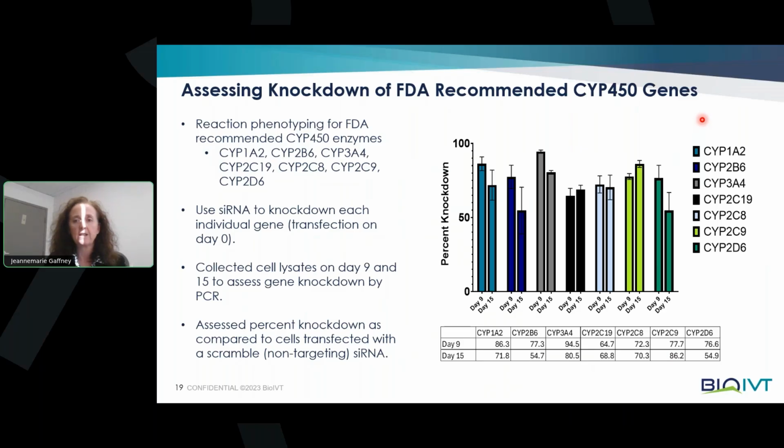We then collected cell lysates on day 9 and day 15 to assess gene knockdown by PCR. We chose these time points because they would be considered the beginning and the end of a clearance study. And when we look at this in summary for the genes, at day 9, we see 65 to 95% knockdown of the genes. At day 16, we're seeing 55 to 85% knockdown of these genes.